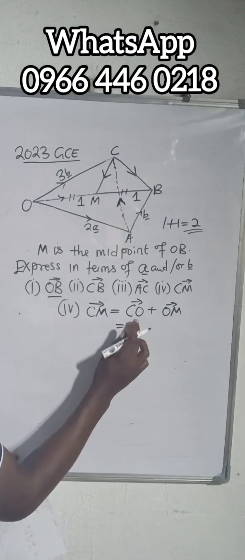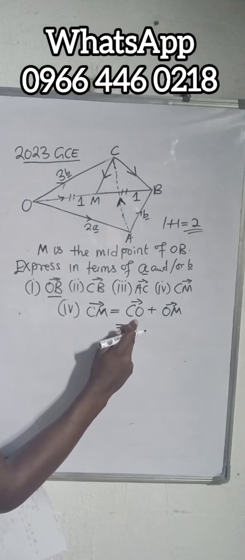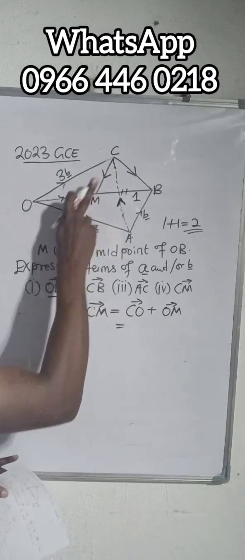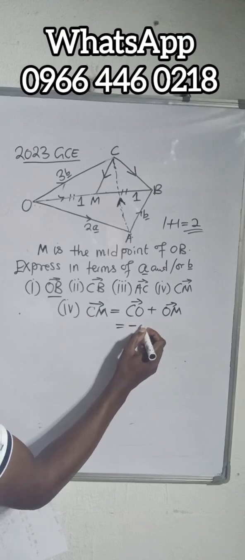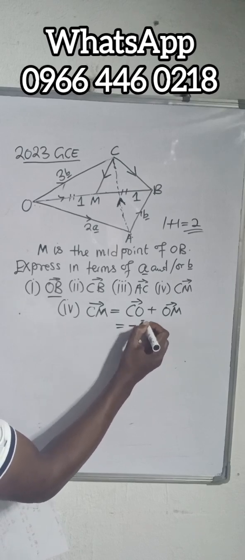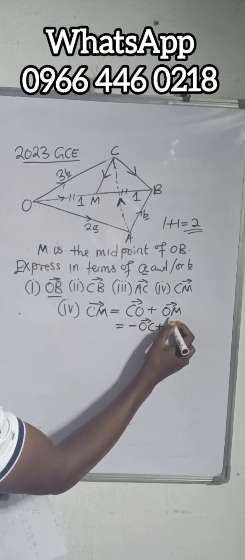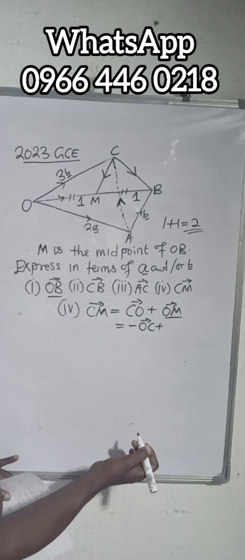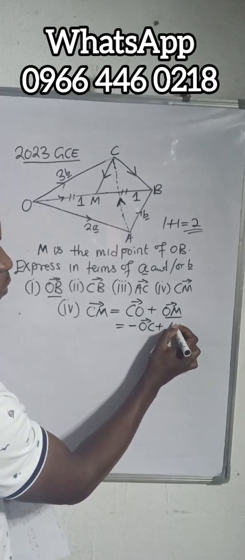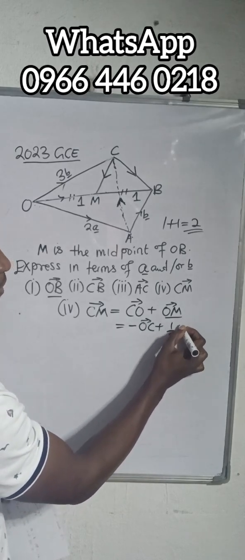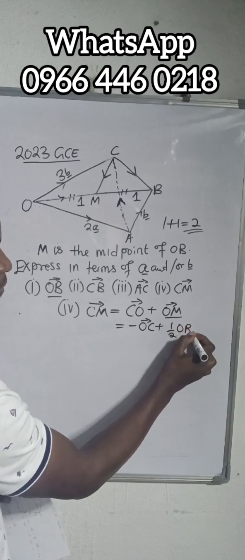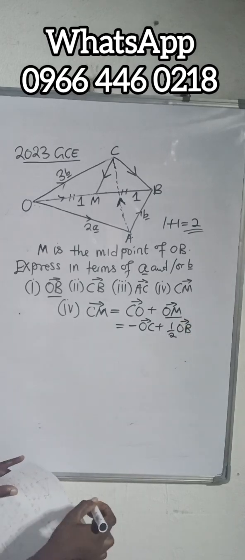Now we know that CO is against the OC, so this becomes negative of this plus OM, which is simply 1 over 2 of the vector OB.